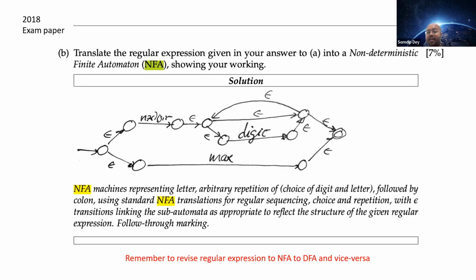If you see the past papers, you will see very similar types of questions, where you are given a regular expression, and from there you are asked to create the diagram for NFA and DFA. These almost hold 15% of the total score. So if you draw NFA and DFA correctly, you can easily score that 15 out of 100, right?